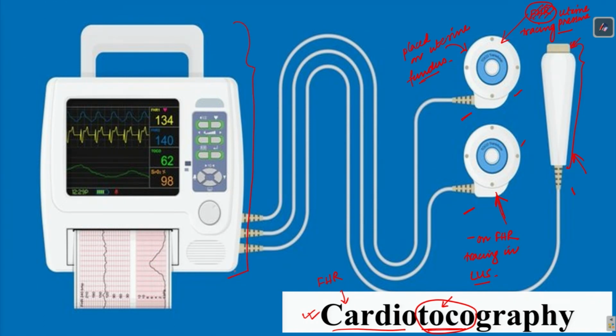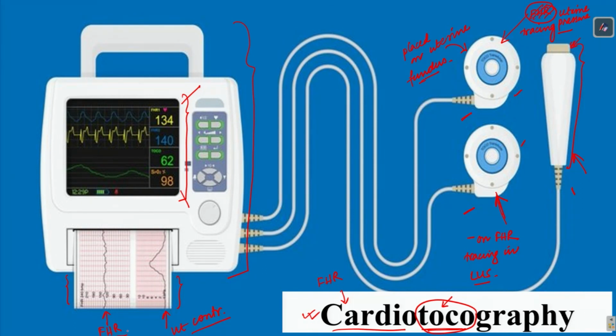Now, this is the monitor. On this we can get the vitals of the mother in the form of pulse, respiratory rate and SpO2. Temperature you have to measure manually. And this is the paper, which will have two tracings: the FHR tracing, the fetal heart rate tracing, and the uterine contraction tracing.